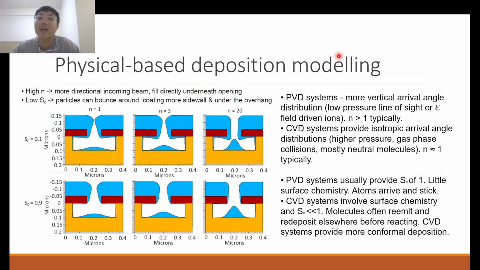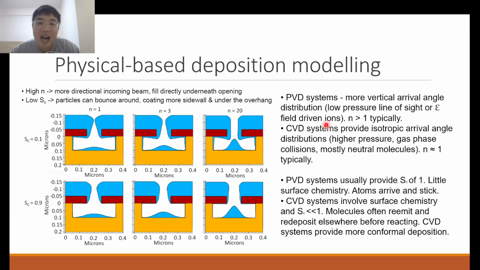So how do PVD and CVD systems compare in terms of these N and SC parameters? Let's talk about N first. PVD systems generally have a more vertical arrival angle, especially in a low pressure chamber, where your species can travel a longer distance before colliding with other species. So it can travel in a straighter path and therefore arrive in a more directional fashion, and so N tends to be greater than 1. However, in CVD systems, you are pumping your reactant gases in.